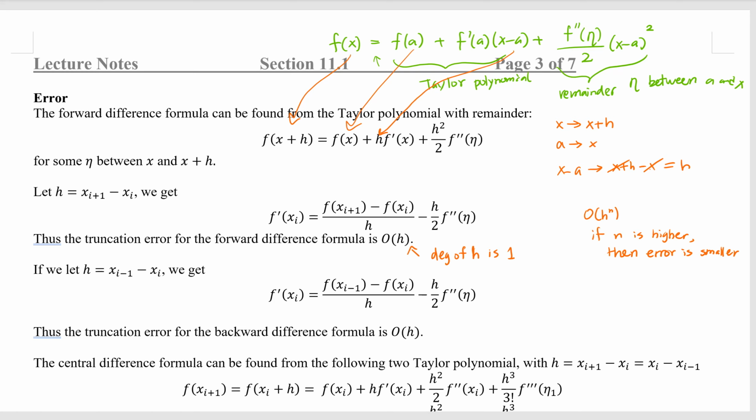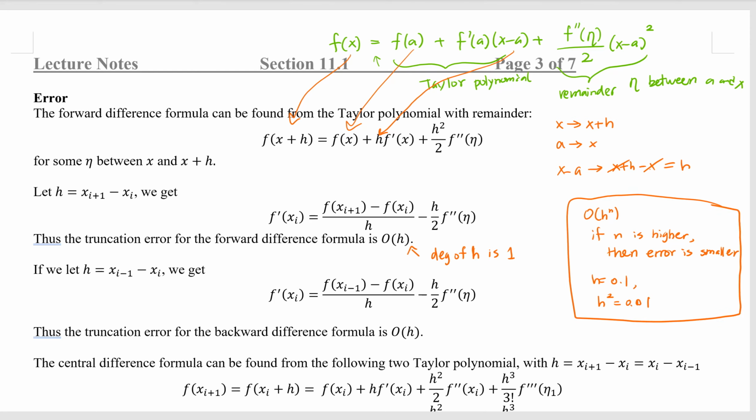Why is that? Think about it: when your approximation is getting closer, your error is smaller. If h is 0.1, then h squared will be 0.01. See? This error is smaller if the degree of h is bigger. Okay?